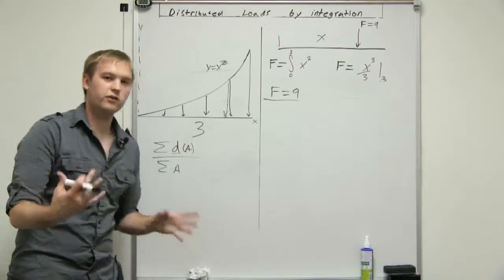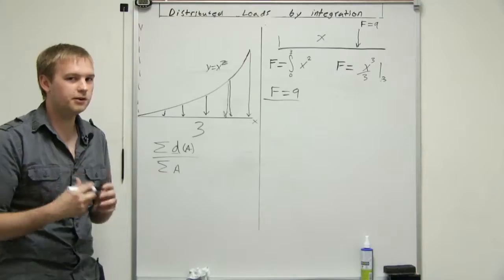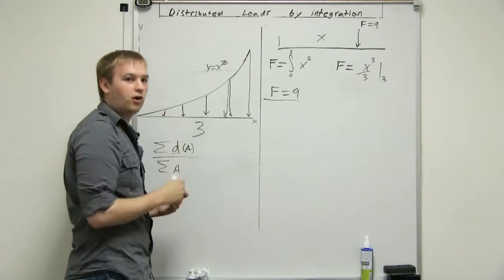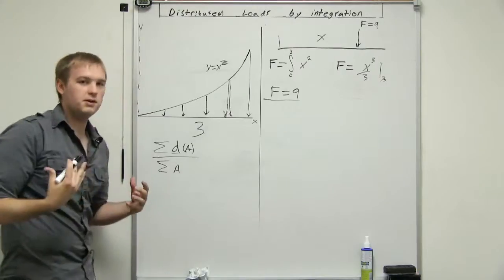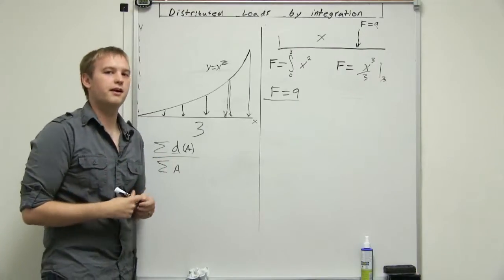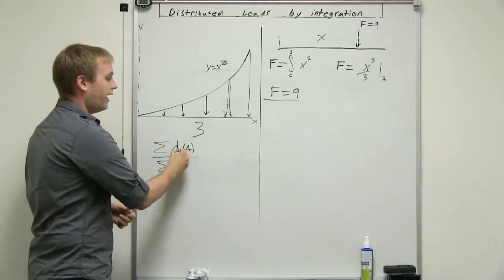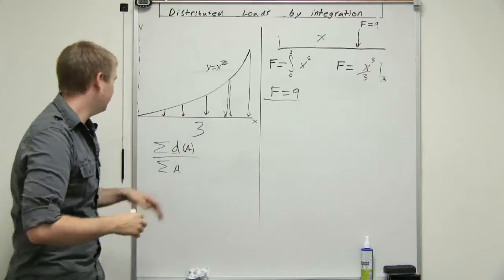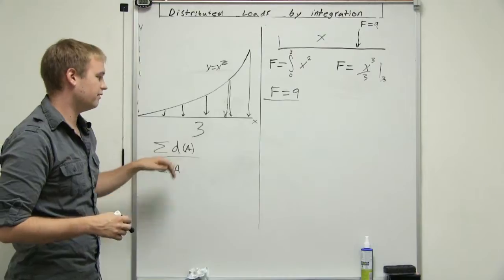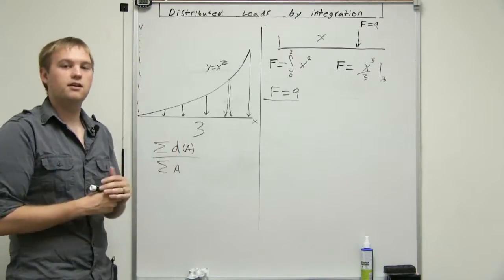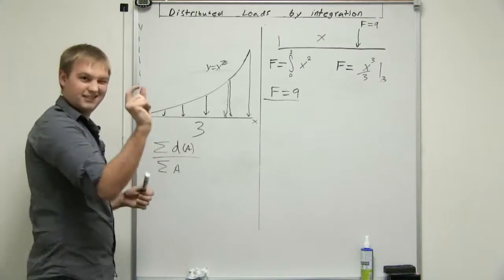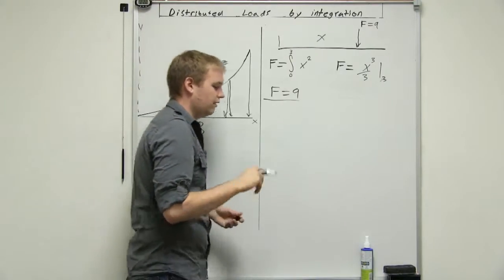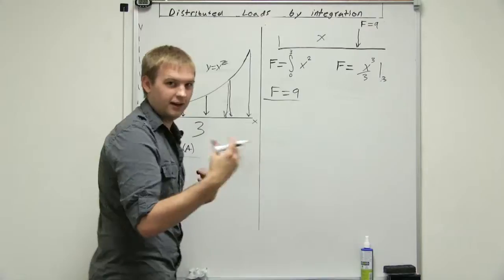Now, when we're doing integration, what we're actually doing is taking a bunch of infinitesimally small elements and we're adding up all of their areas. So we've already added up all of the areas, which is how we got this 9. Now we just need to find the distances. And the distance of that super small sliver is just going to be x. So hopefully that made sense.